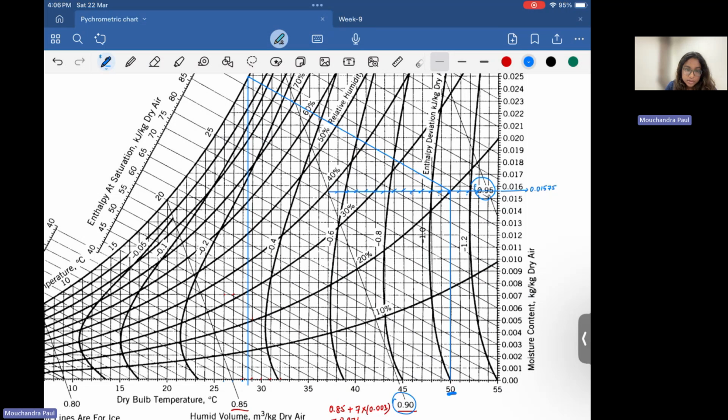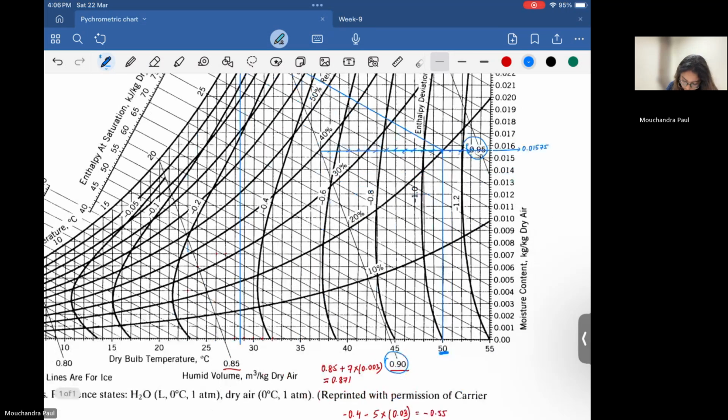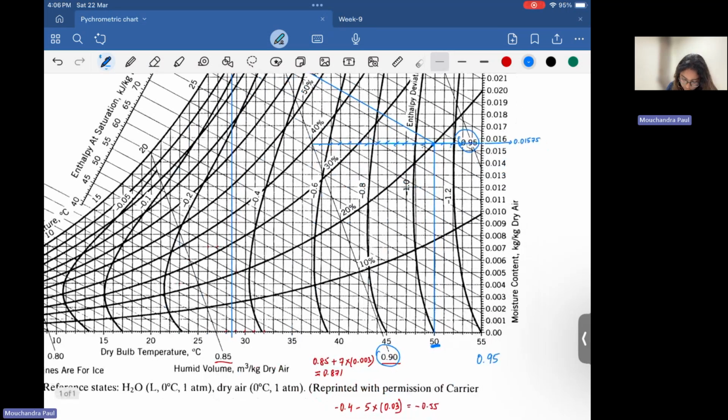So each point is again corresponding to 0.003. And this point is closer to 0.95. How close? Around 4 points away.